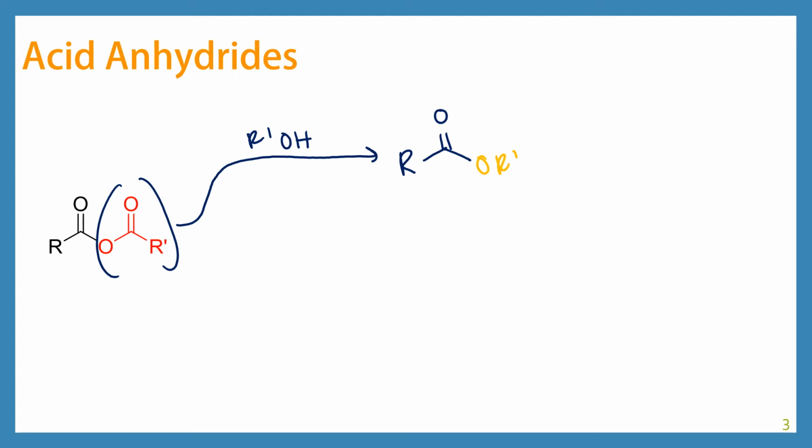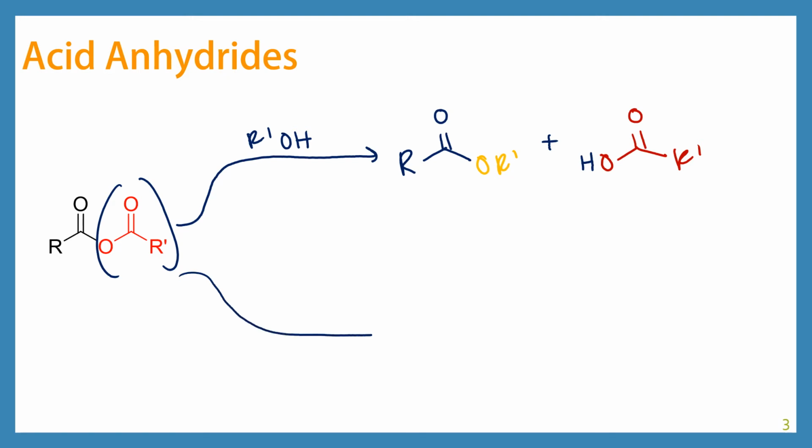Now, the important thing to note here is that you also have a pretty significant organic product from your leaving group, which would be another carboxylic acid. But if you're doing this synthesis, the ester would be the object you're trying to get to.